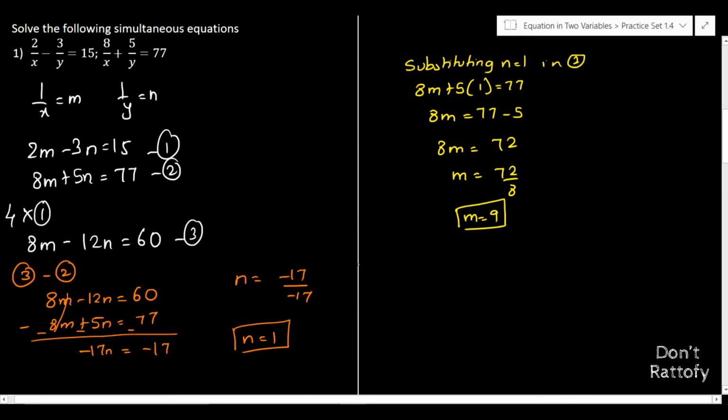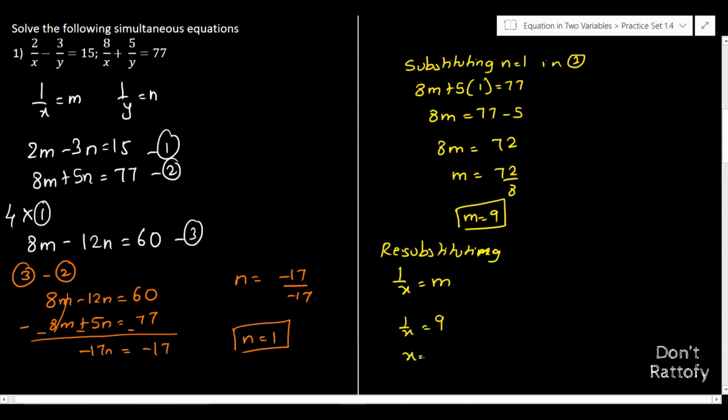Now I have the value of n, I have the value of m. But we know that m is equal to 1 upon x, right? So resubstituting, I will get 1 upon x is equal to m, so 1 upon x is equal to 9.